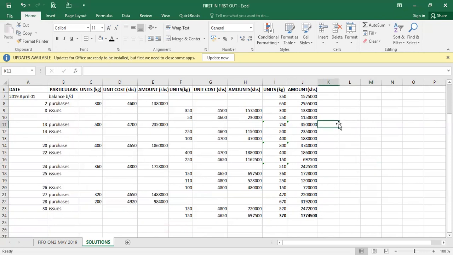And here, the closing stock, we said closing stock is equal to 370 kgs at 177,500. Those are in shillings.